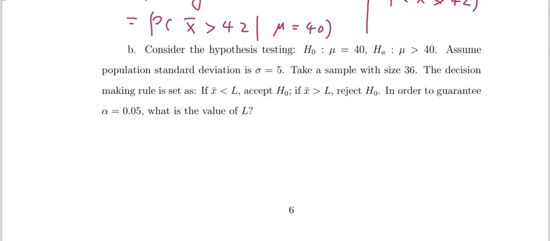So then here, if we want to make a good decision-making rule, if we guarantee this alpha, we want to find the cutoff point.